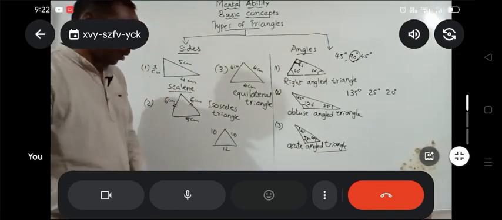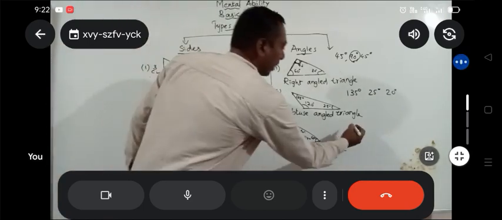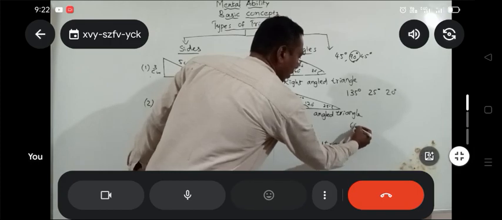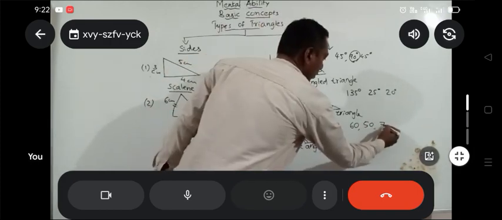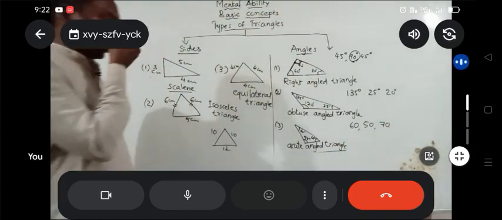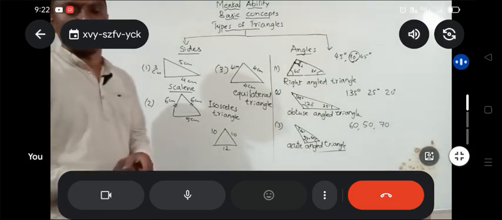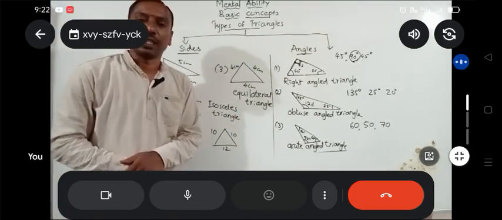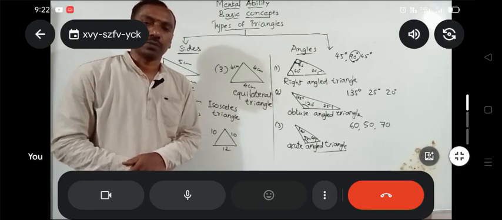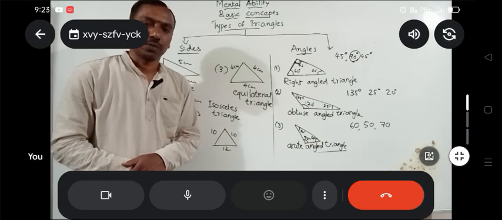Yes. Now the last question is for Yashvita. There is a triangle in which the angles are 60 degrees, 50 degrees, and 70 degrees. What kind of triangle could it be? Sir, obtuse angle.